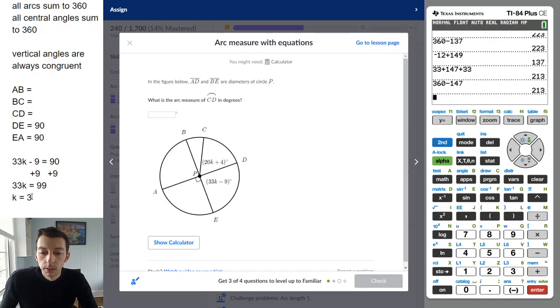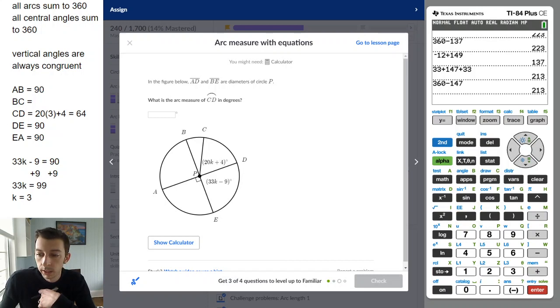So now that I know that this is 3, CD is 20K plus 4. 20 times 3 plus 4 should be equal to 60 plus 4, which is 64. Now, just to make sure we know how to find the rest of these, AB should also be 90, because if this angle is 90, then AB should also be 90 because they make a semicircle.